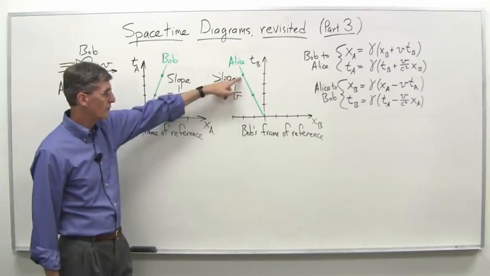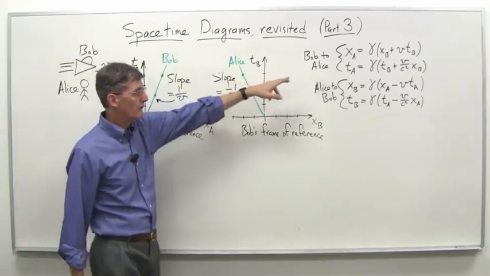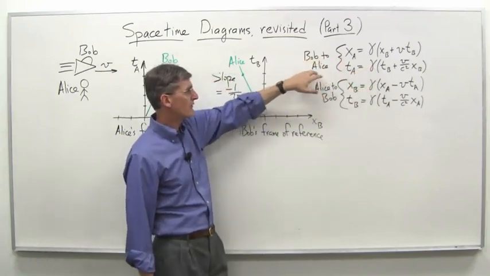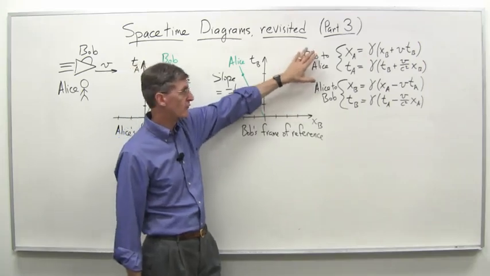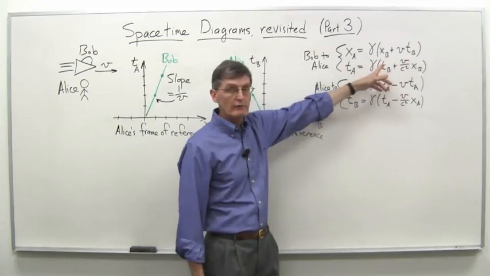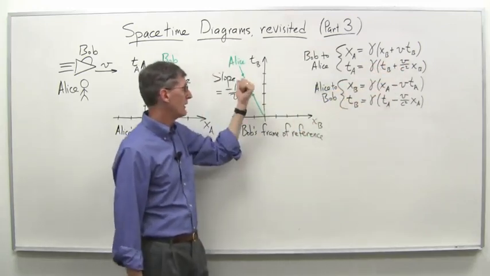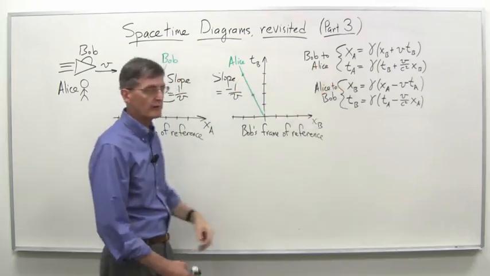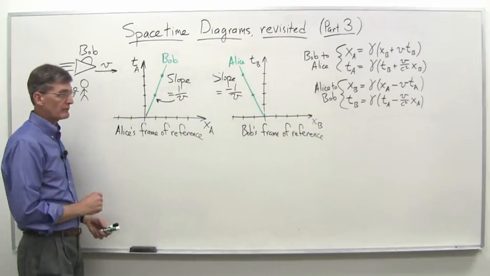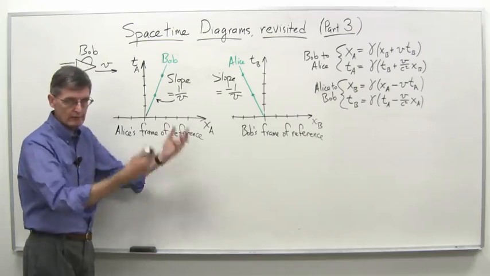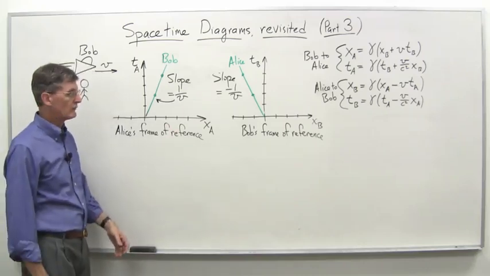So I'd plug this point into the Lorentz transformation that goes from Bob's frame of reference to Alice's frame of reference. This is our standard one here. We could plug in the coordinates for that point Bob measures in his frame of reference, and find the corresponding coordinates in Alice's frame. Obviously we need v, so we could calculate gamma and do the calculations to get the actual results.